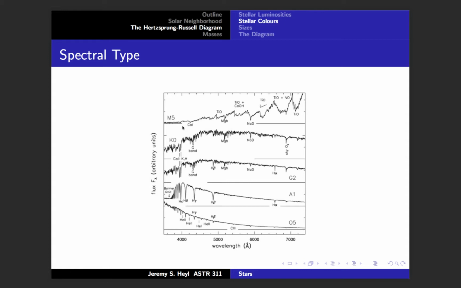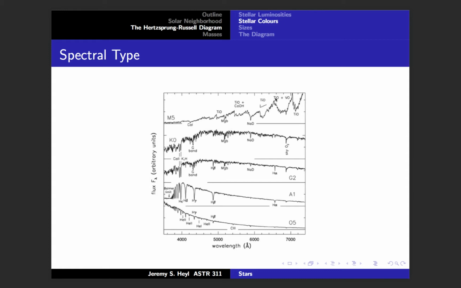So if we look at the top, that's the coolest star. You can tell it's the coolest because its spectrum is going up towards the red. And you'll see there's things like calcium, right, and magnesium. But everything else here are molecules. So this is titanium oxide, vanadium oxide.